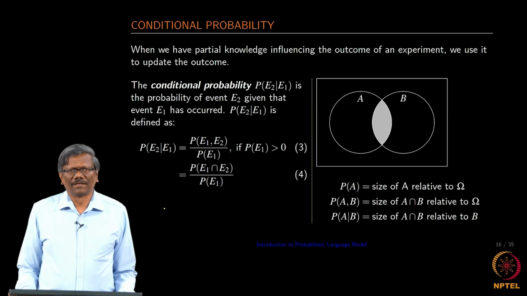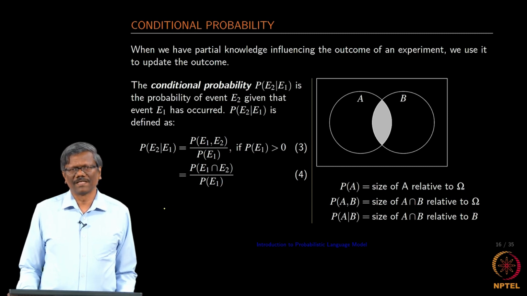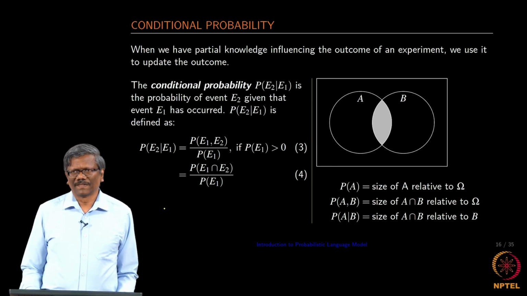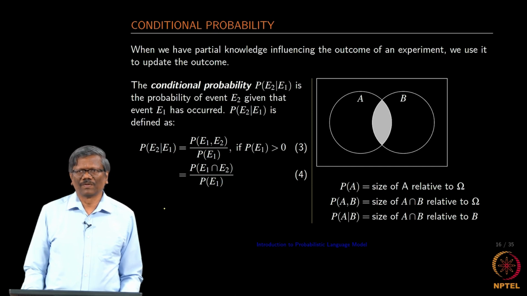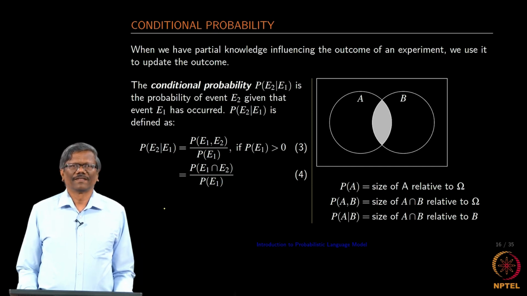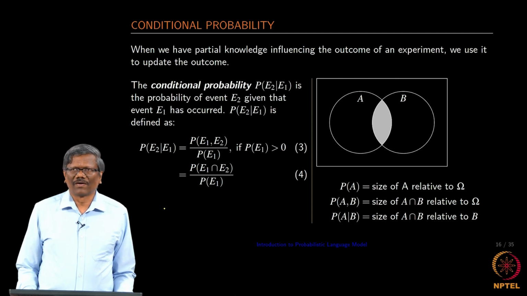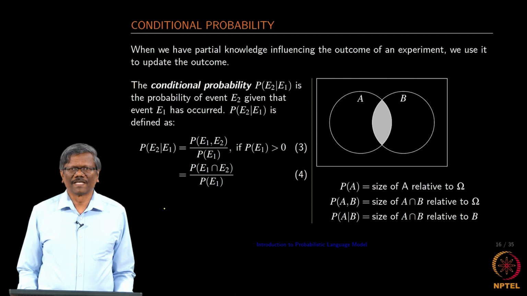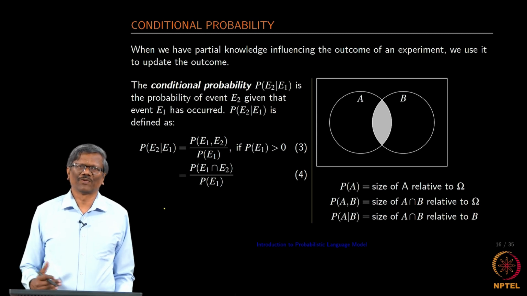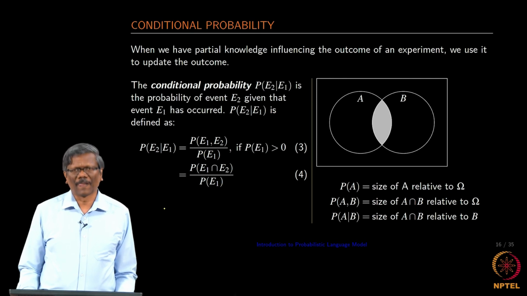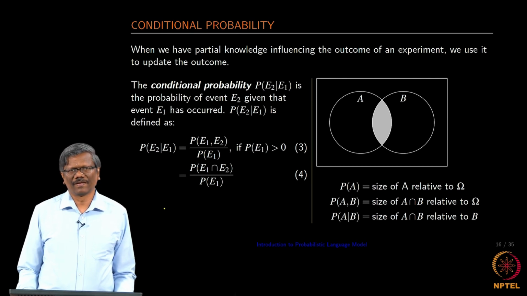Next we will define the conditional probability. In many cases you know certain input with respect to what you are going to do as an experiment. So we have some a priori knowledge or partial knowledge about the outcome of the experiment, and we want to use that in our probability experiments.